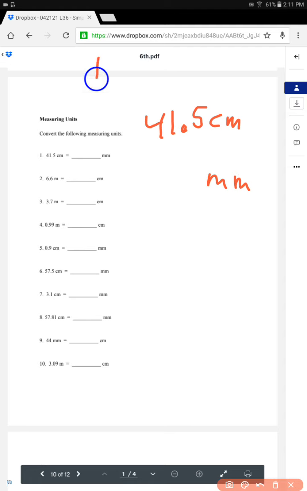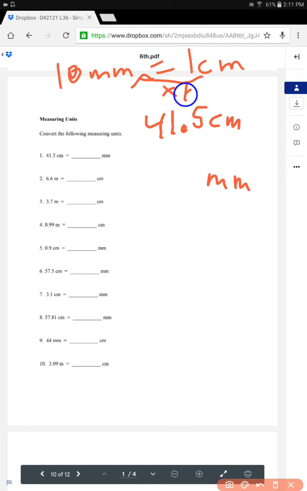There are 10 millimeters in one centimeter. So what we want to do is, this is being multiplied by 10, so we multiply it by 10 here too.